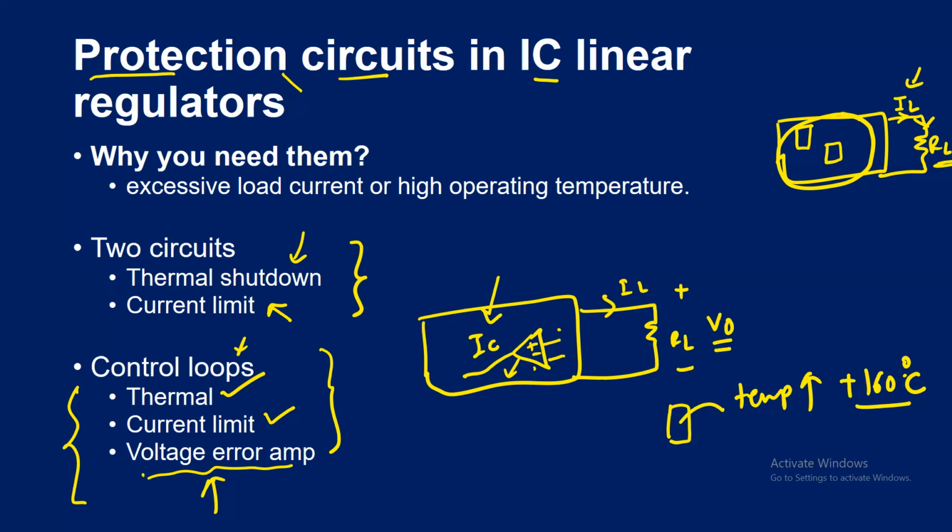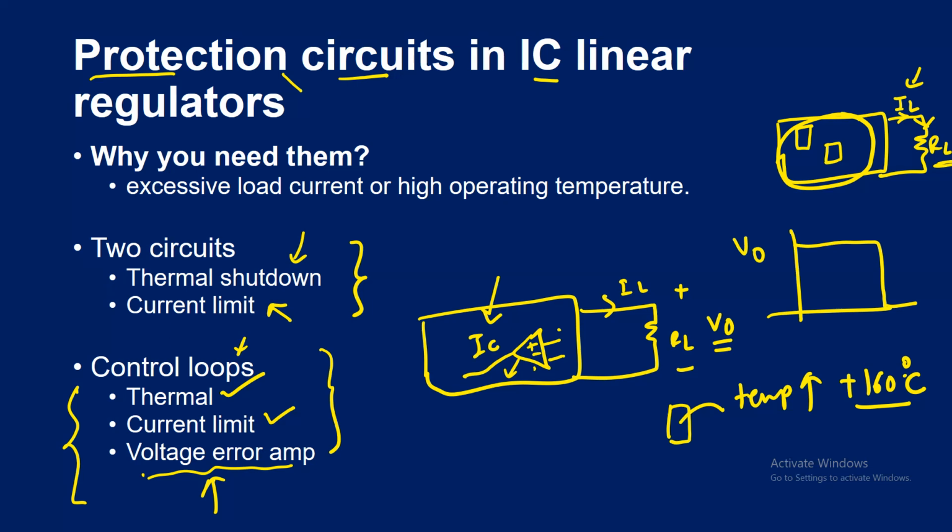In the current limiting circuitry, the output voltage will be reduced. Let's say you have this output voltage VO. Suddenly your output voltage will go down, and the current limiting circuitry holds the load current at the set limiting value.